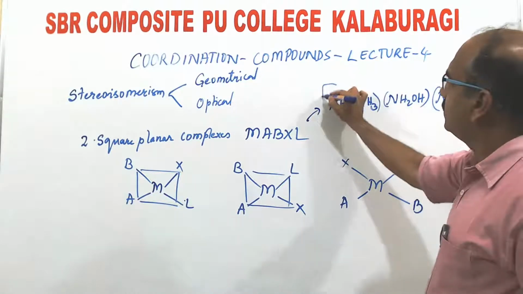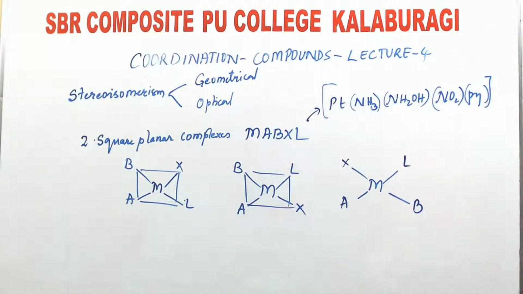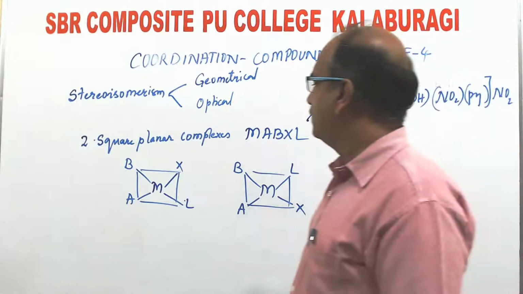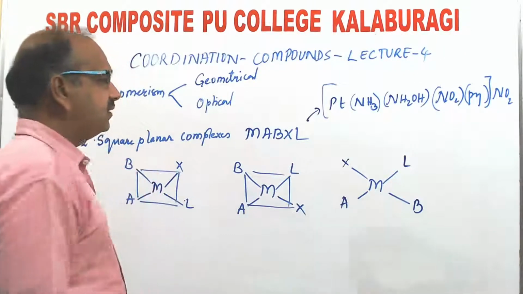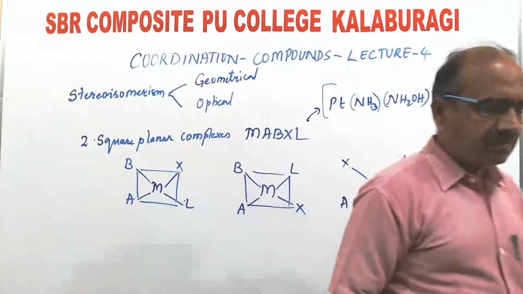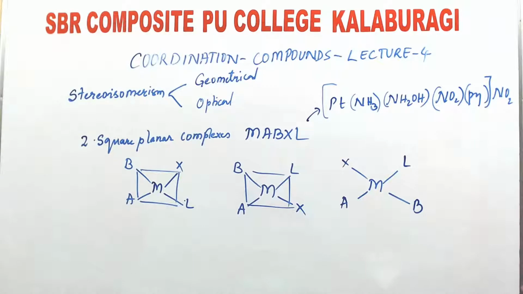Outside the bracket, you will have again NO2. This can be one example. So MABCD or MABXL. In some books, it is given as MABCD. There, when it is MABCD also, M at the center and B, C, D, those three are going to change the places.